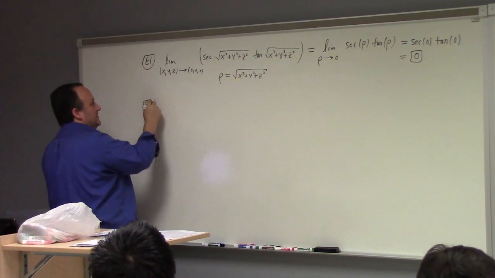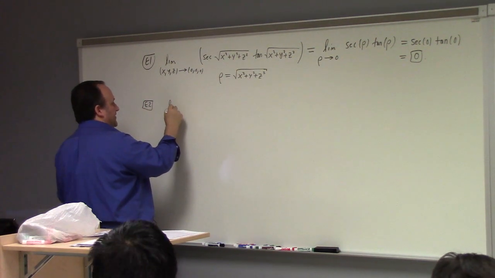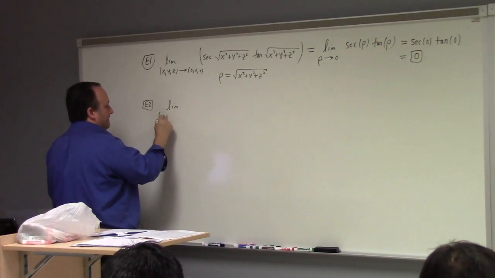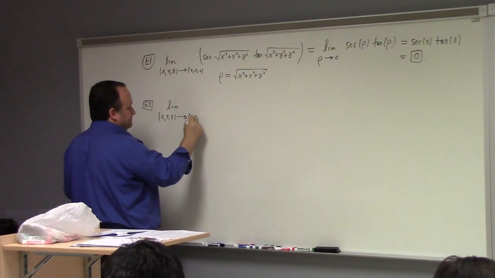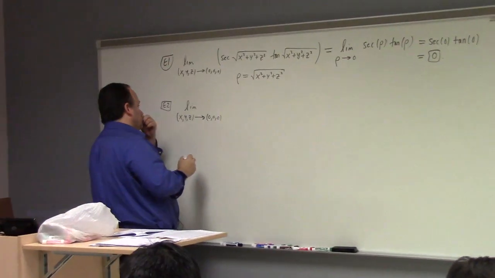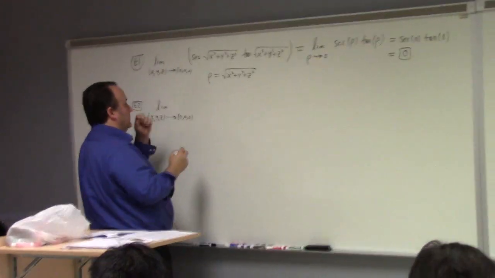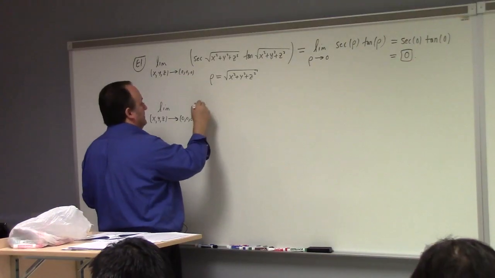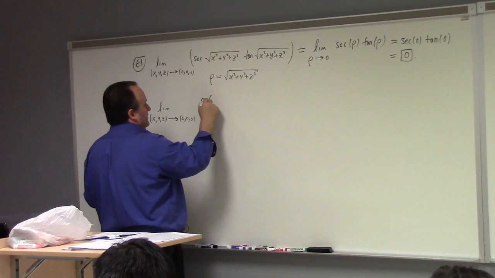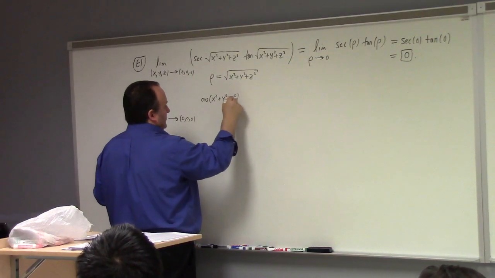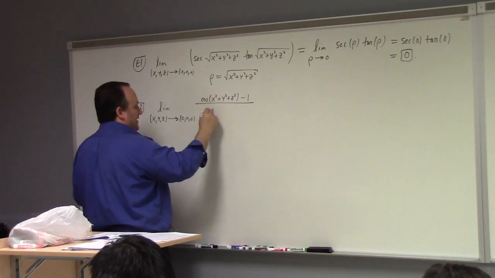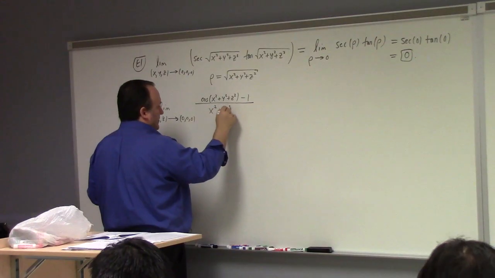My apologies. Let me try to come up with one which is a little bit more exciting. How about the limit of cosine of x squared plus y squared plus z squared, minus 1, divided by x squared plus y squared plus z squared.